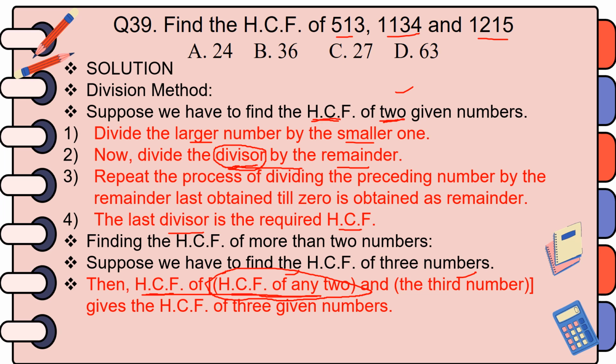In that way, you can find out the HCF of three numbers or more than three numbers. Okay. It may be clear with examples on the next slide. And we'll continue our work with practical examples.